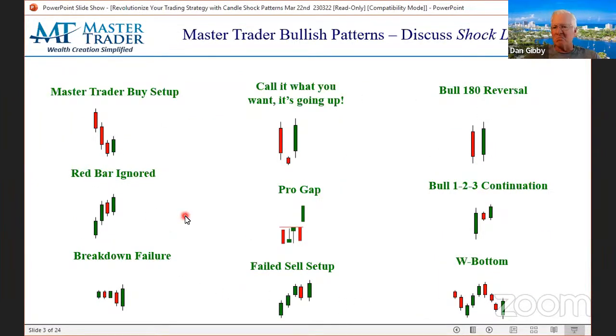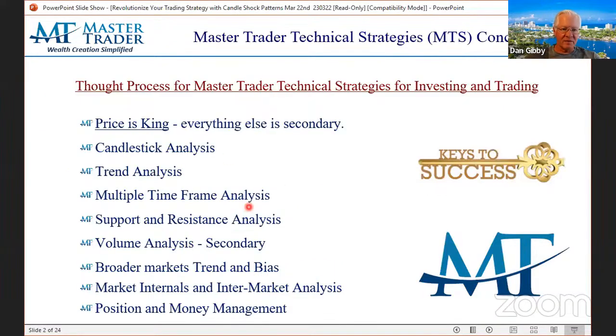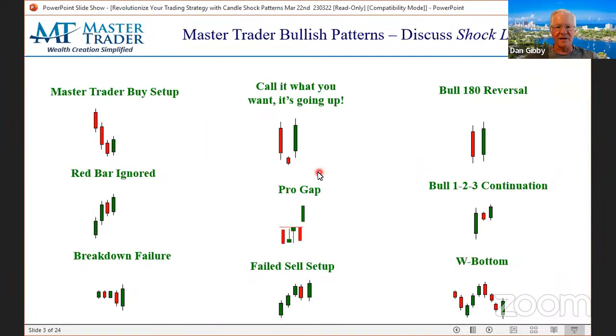So are any of these shock patterns? These are all just very simple red and green candlesticks. Every one of these is bullish. And then we take that bullish pattern and overlay these other concepts. But if you think about it, every single one of these does have a different level of shock.